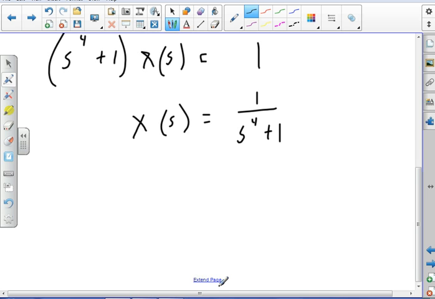Okay, so do I have an s to the 4th plus 1 guy here in my Laplace transform tables? And the answer is no, I don't have one in my Laplace transform table. So where am I going to get an s to the fourth plus 1 guy from?